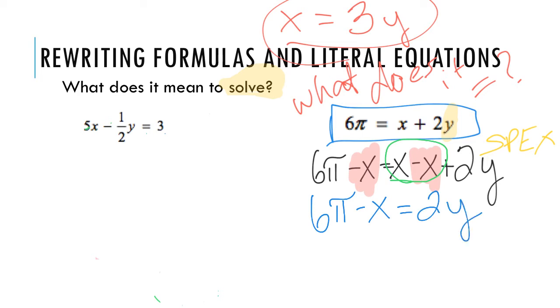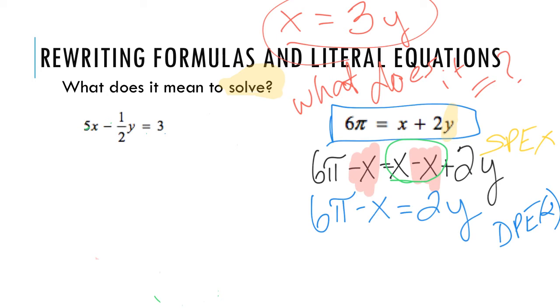Well, then all I'm going to do is use my division property of equality. I'm going to divide by 2. Well, that's easy enough. When I divide by 2, remember each term gets divided by 2. So this one, the 2 will go away. This will be half of x. This will be 3 pi.